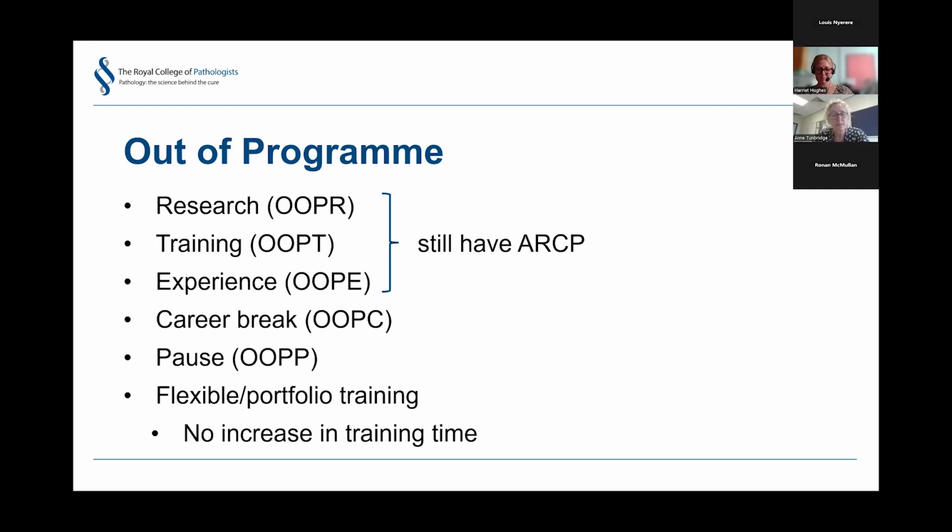Then this bottom one is a new initiative that's been rolled out in the last couple of years called flexible or portfolio training. And this is not for everybody. The initiative came through the College of Physicians, and it was trying to encourage people to stay in hard to fill specialties, your A&E, obs-gynae, stuff like that.